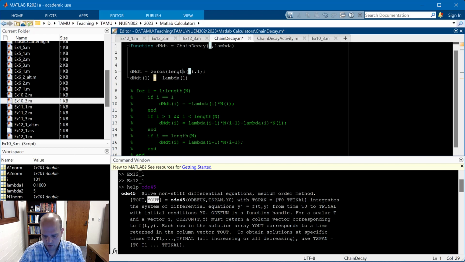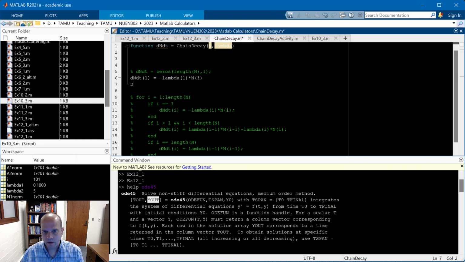And so if I know lambda 1, which is an input, I just multiply that by n of 1. And then I want to do the same thing for the second expression. In this one I had a source, which was lambda 1 times n1.